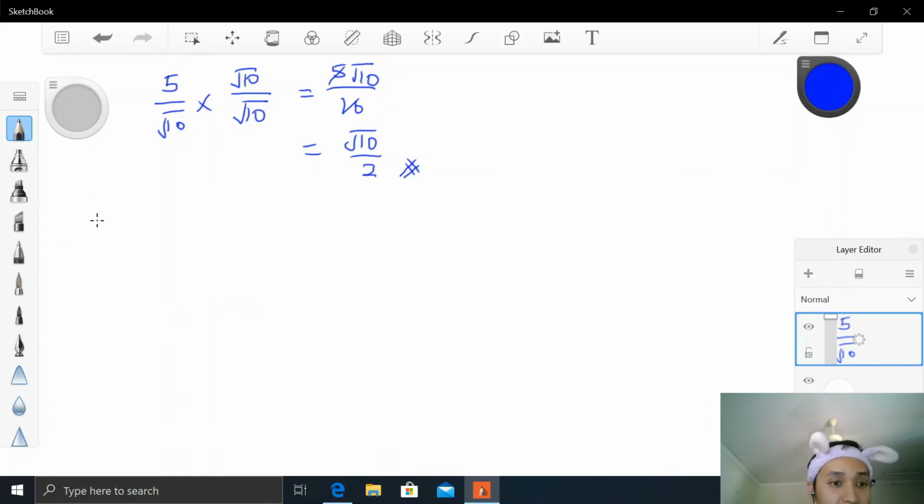Now, what about the second one? 15 over surd 7 plus surd 2. I'm going to multiply by its conjugate surd, meaning surd 7 minus surd 2 over surd 7 minus surd 2.